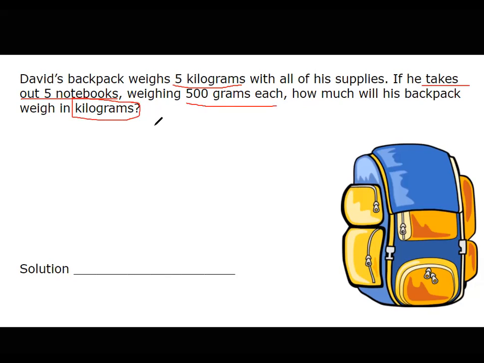So we know that his backpack to begin with weighs 5 kilograms, but he takes some things out. We know that those 5 notebooks each weigh 500 grams. So if we have 500 grams for 1 book and he takes out 5 books, that's going to give us a total of 2,500 grams.